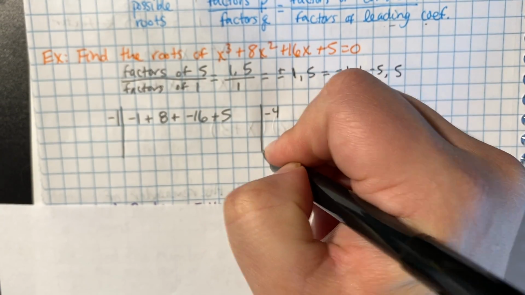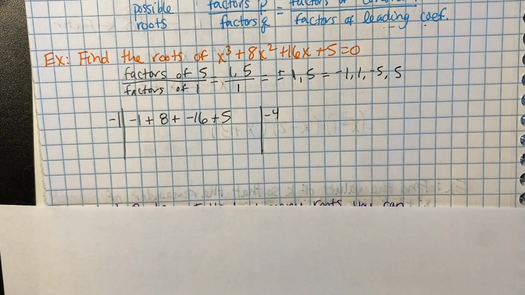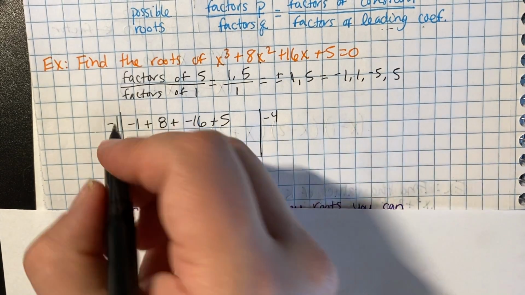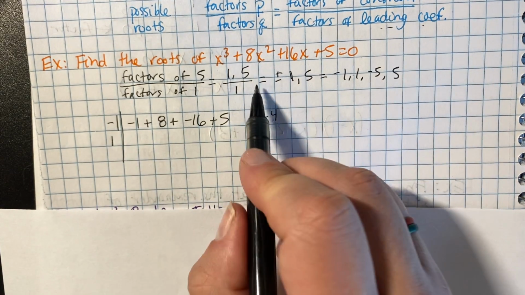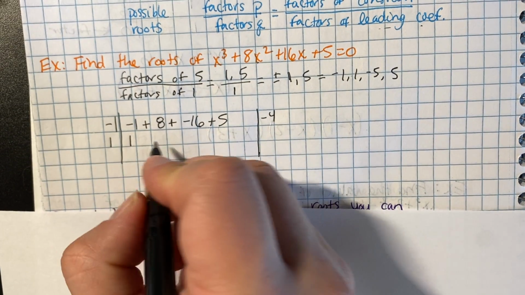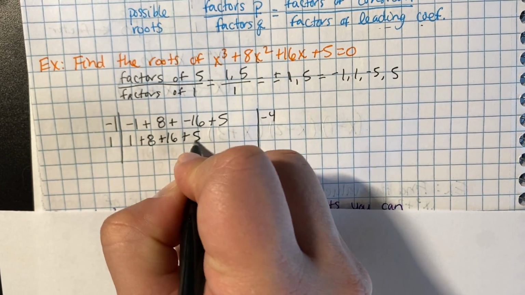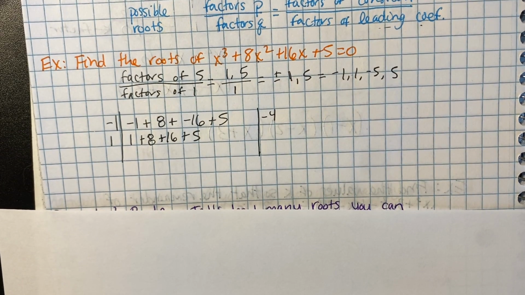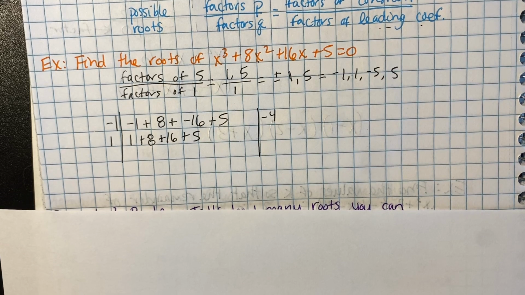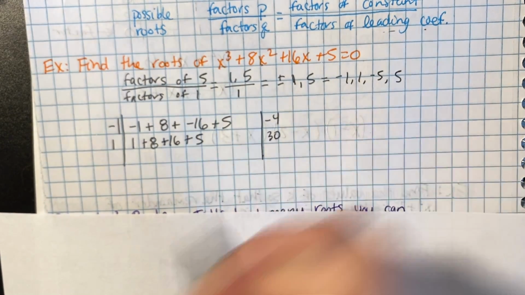So I would say that that one doesn't work. Okay? So -1's not a possibility. I'll just go down my list. So I'll plug in a 1. So I'll have 1 plus 8 plus 16 plus 5. That's going to be a really big number. So I got 30. So that's a no.